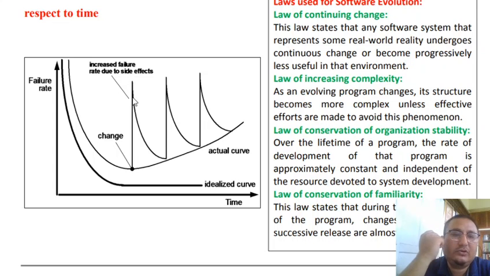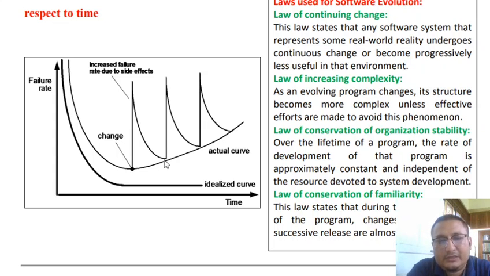So again, you need to bring down the failure rate to a certain acceptable level here, right? But you must have observed that the failure rate is considerably higher here. Why? Because any change brought about to the structure of the system makes the system much more vulnerable, right? I'll repeat it. Any change brought about to the structure of the system makes the system much more vulnerable.